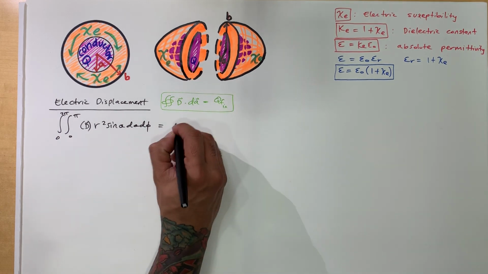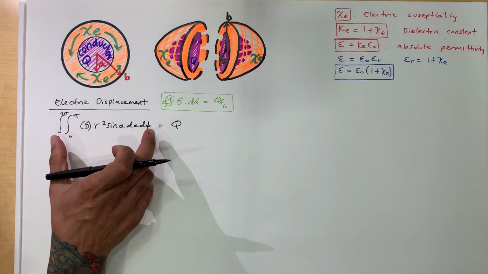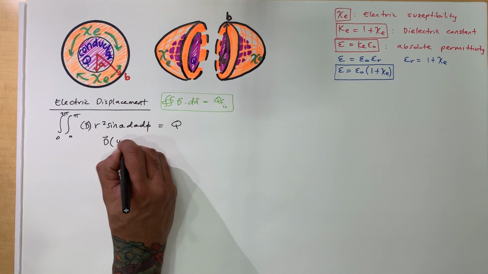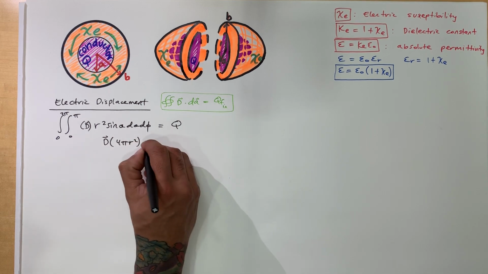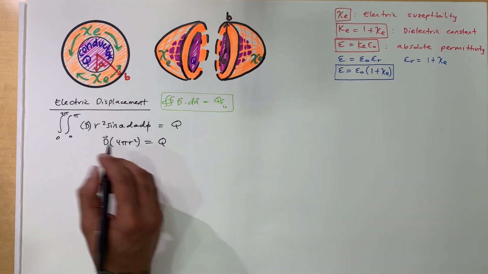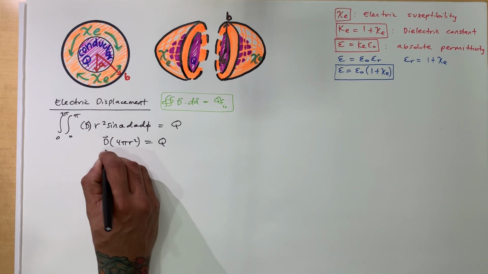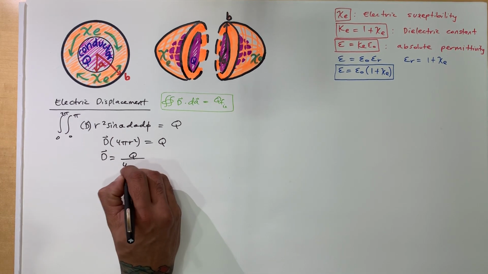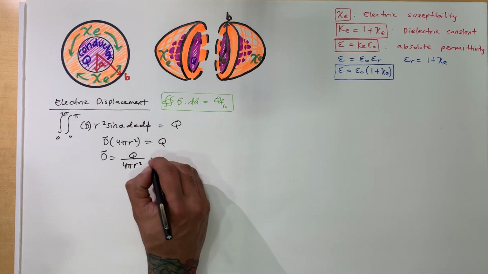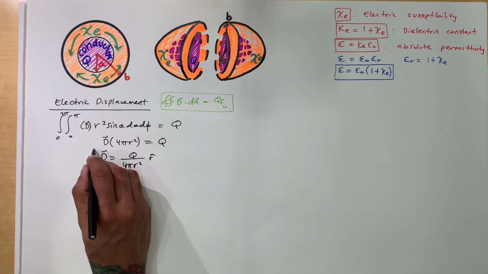All right, so this entire thing turns into D 4 pi r squared equals Q, and to simplify that further, D is equal to Q over 4 pi r squared, in the radial direction.